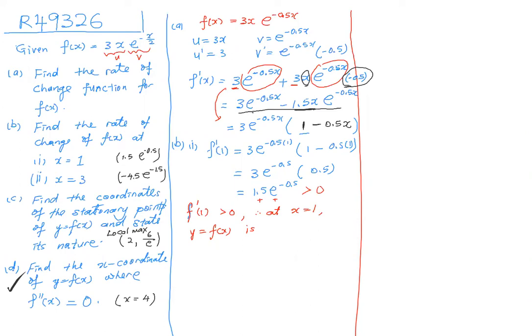Yes, you are right. So that means this part of the graph is going up, right? This is your y equal to fx graph at x equal to 1, right?